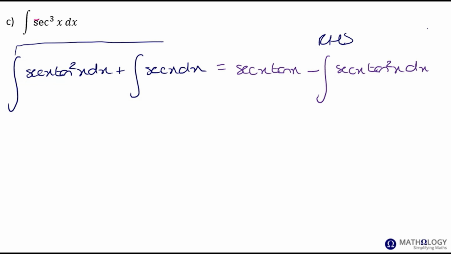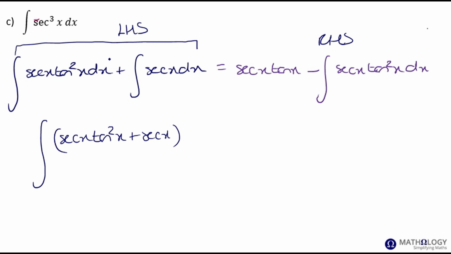The left hand side here is the integral of sec cubed x. Okay, so we're just going to express it as a single integral. So we'll have the integral of sec x tan squared x plus sec x dx.